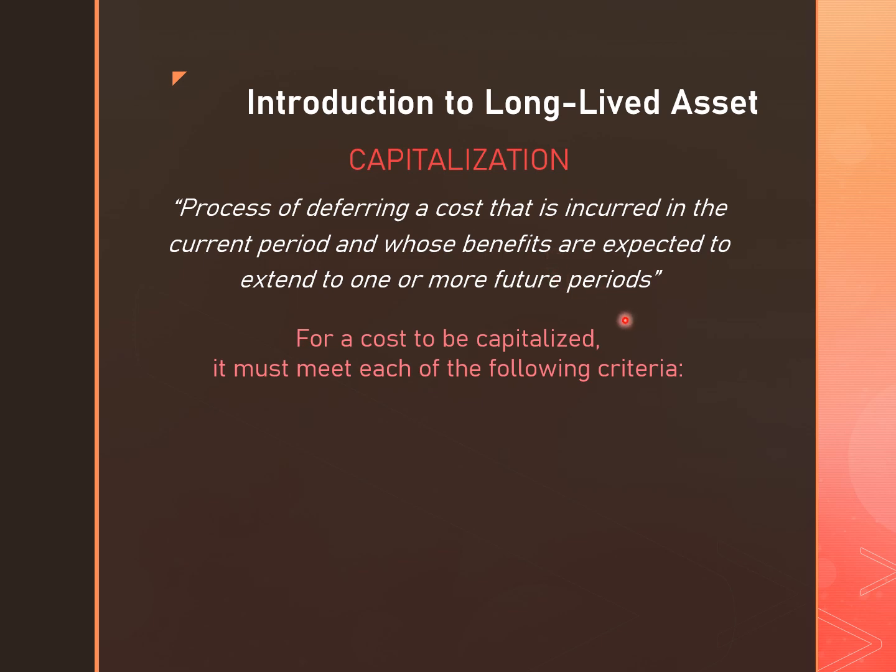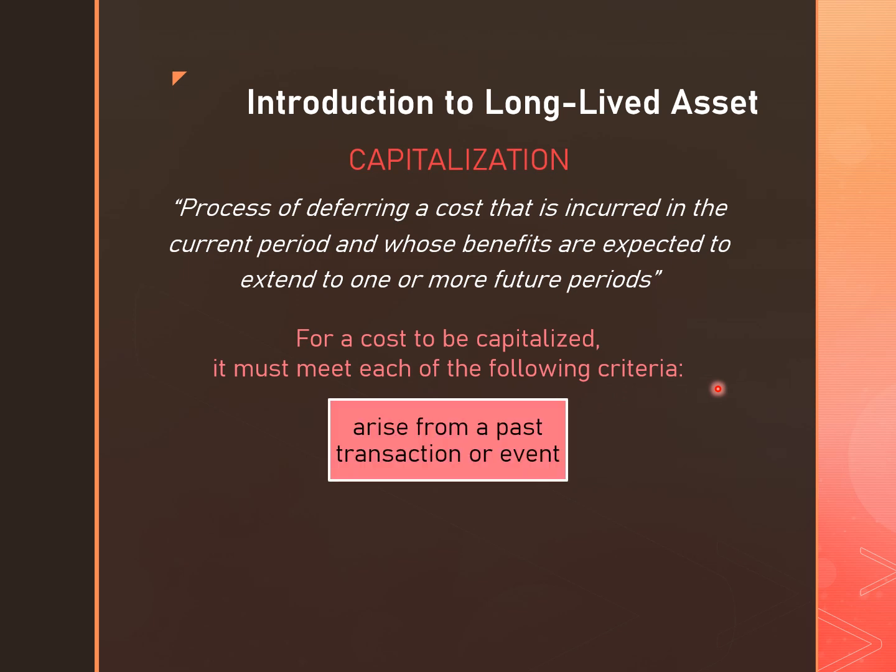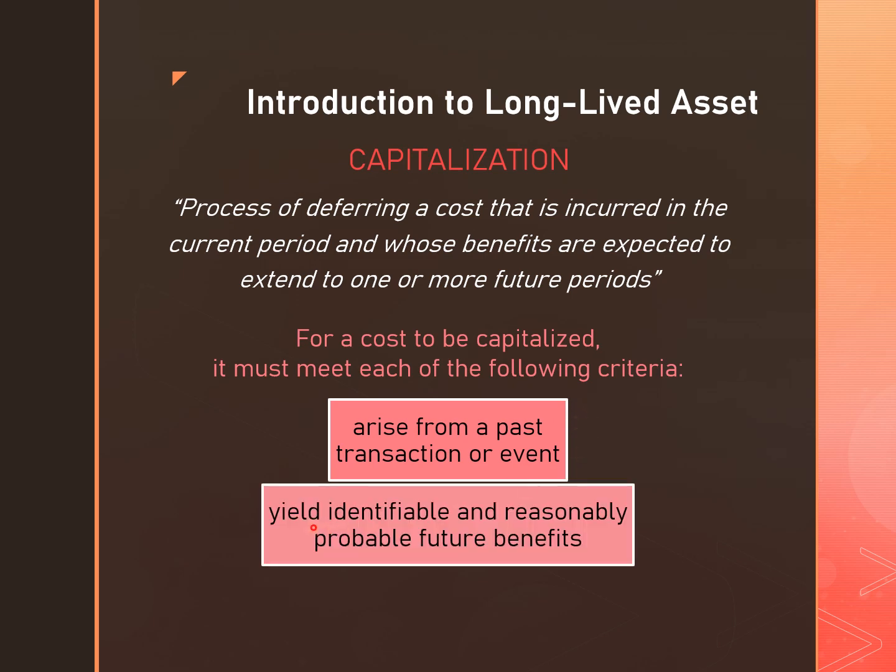So untuk eligible for capitalization, the long-lived asset ni dia kena meet the following criteria. So first criteria adalah it must arise from past transaction or event. It yield identifiable and reasonably probable future benefits. Mesti dapat benefit.